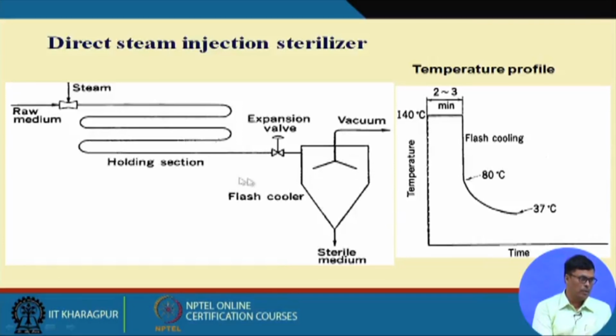Another most important thing is that when you mix the steam with the raw media, the steam undergoes condensation in the pipeline, and since the steam condenses, the viscosity and density of the liquid will change.